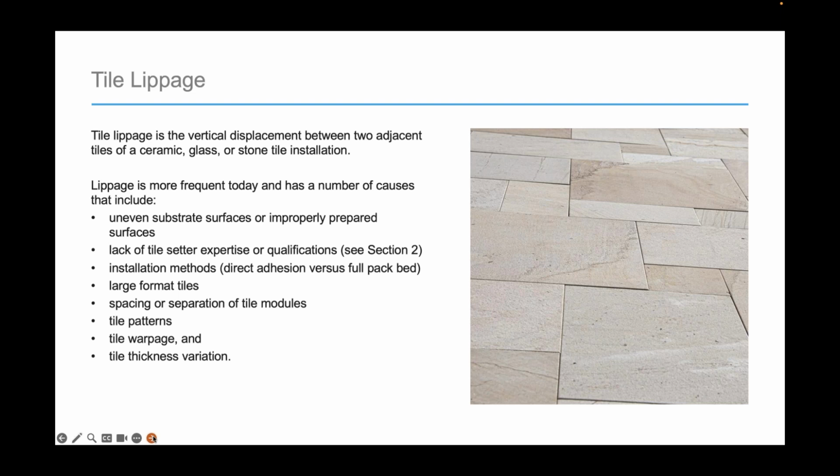Lippage is more frequent today and has a number of causes that include uneven substrate surfaces or improperly prepared surfaces, lack of tile setter expertise or qualifications, installation methods like direct adhesion versus full pack mud like a dry pack or wet set, large format tiles, spacing or separation of tile modules, tile patterns, tile warpage, and tile thickness variation.